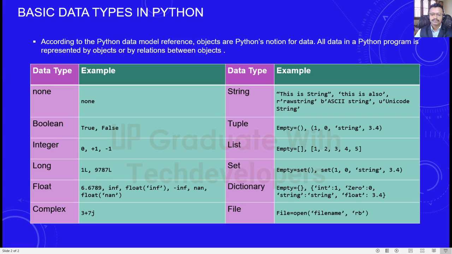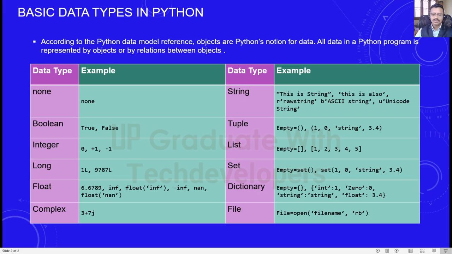Next we have tuple. We write an empty tuple using empty parenthesis, and a real tuple using parenthesis and writing the elements inside the parenthesis. Next we have list. Lists are represented using square brackets. An empty list is represented using empty square brackets.